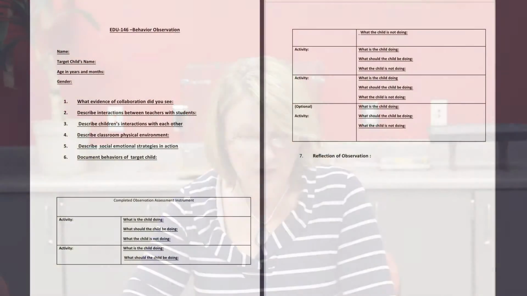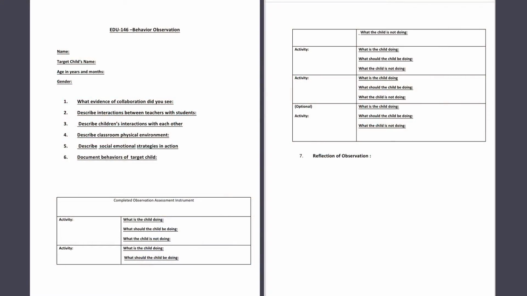Don't worry about typing it up. The raw data needs to be included. Your typing up part will come when you submit your assignment. There's a template for you to use called the Template for Observation Assignment, and to gather more information beyond the instruments that you're using.